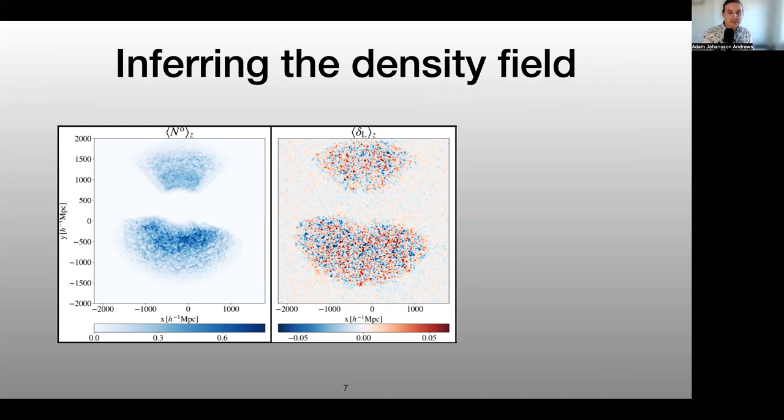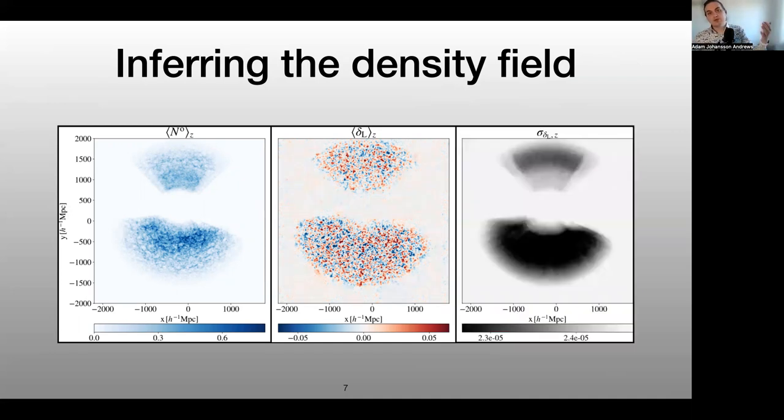Similarly, as we have a mean expected value, we also have an uncertainty or variance on these density fluctuations. Again, where we have observations we have smaller uncertainties, and where we don't, we have this cosmic mean realization.